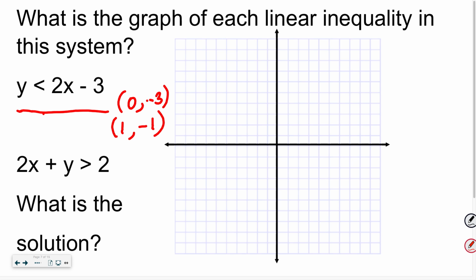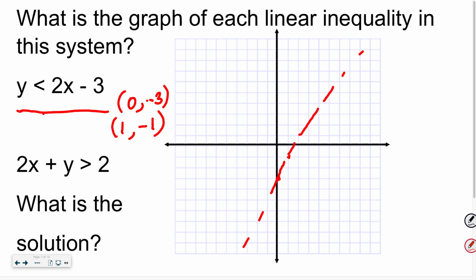It's going to be a dashed or dotted line because it's not including any of the points on that line. So if we have our points 1, negative 1 and 0, negative 3, we could make this line, but it's just going to be a dashed line because it's not going to include any of those points, because there's not an equal to sign there.